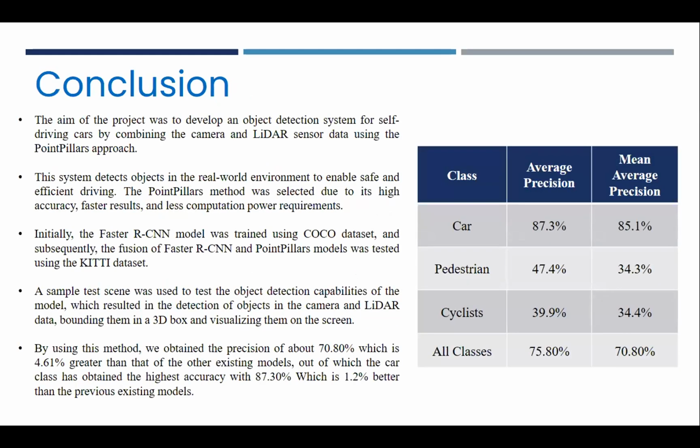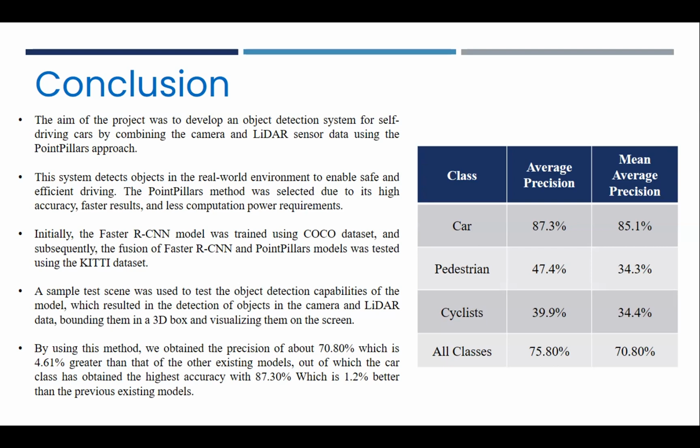Finally, coming towards the conclusion, we have reached the aim of this project. We wanted to contribute to self-driving car technology by making a hybrid model architecture and increasing the accuracy of the object detection system using the LiDAR system.